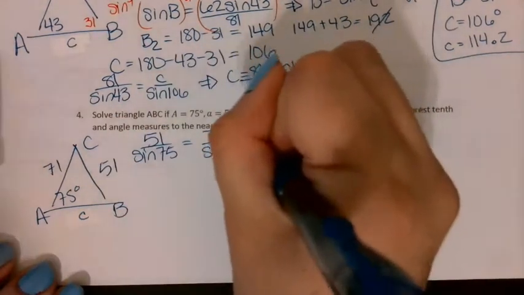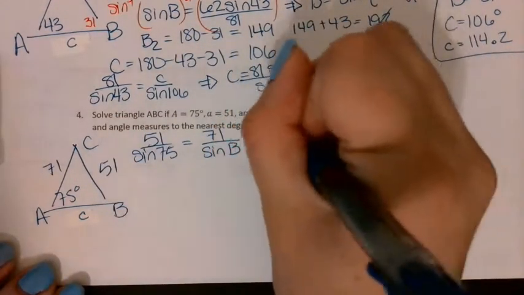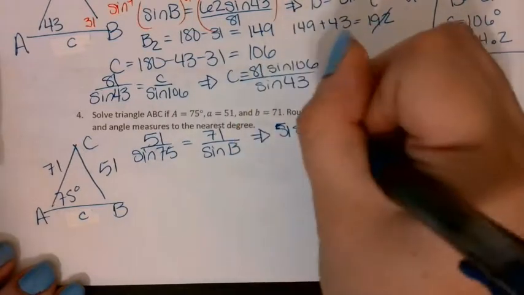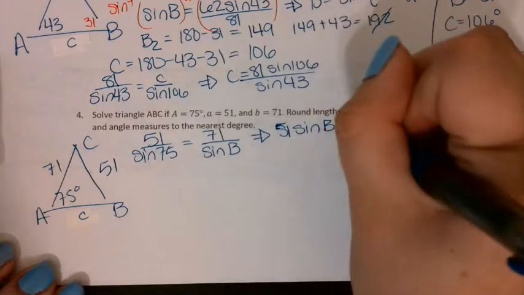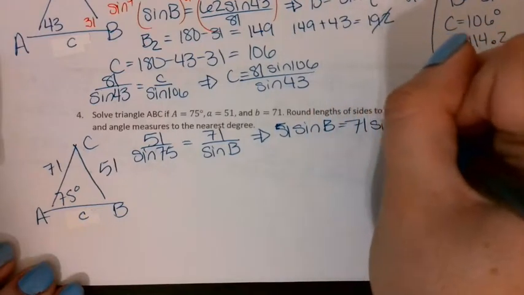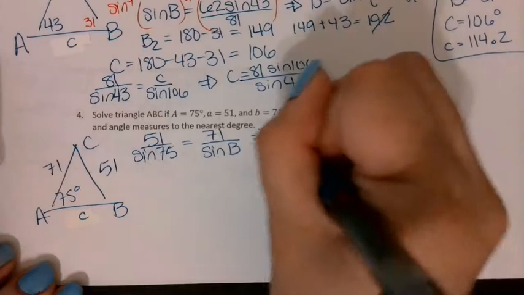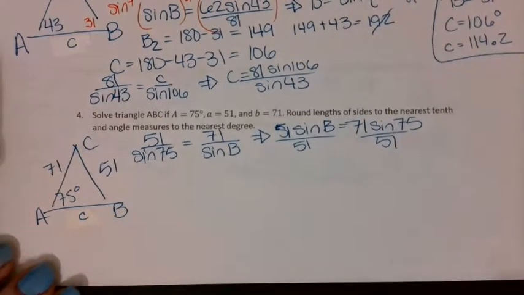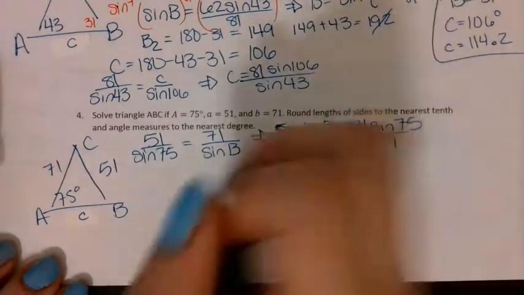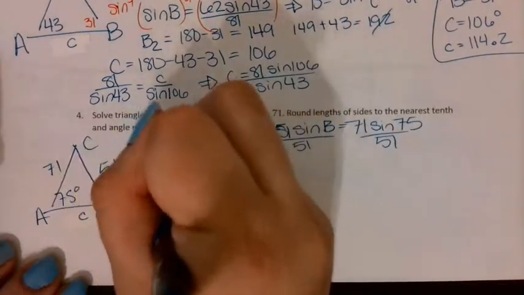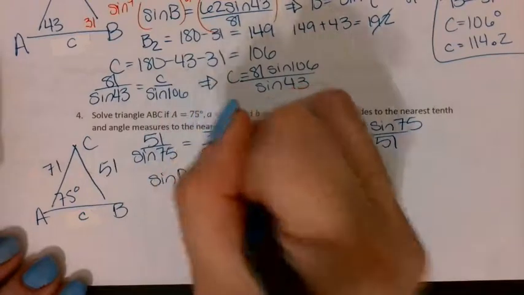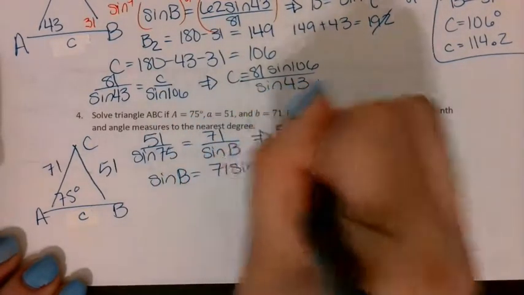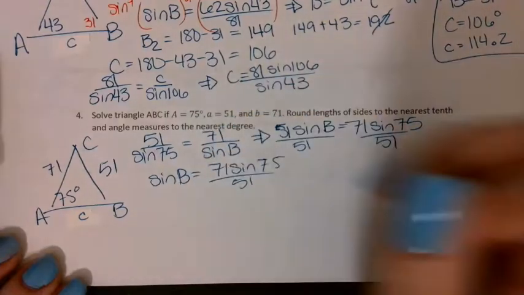I want to cross multiply, so I get 51 sine b equals 71 sine 75. I want to divide both sides by 51, which gets me sine b equals 71 sine 75 divided by 51.